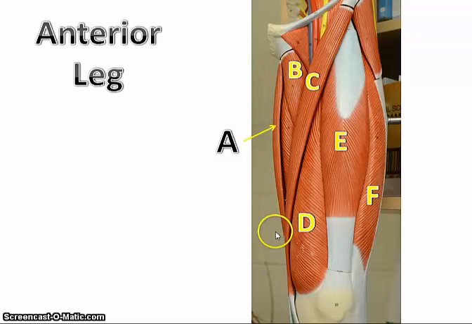Here, most medial, we have the gracilis. Here we have the adductor longus, the sartorius, which runs lateral to medial. Then we have the vastus medialis, the rectus femoris. Deep to that rectus femoris is the vastus intermedius, and here is the vastus lateralis.